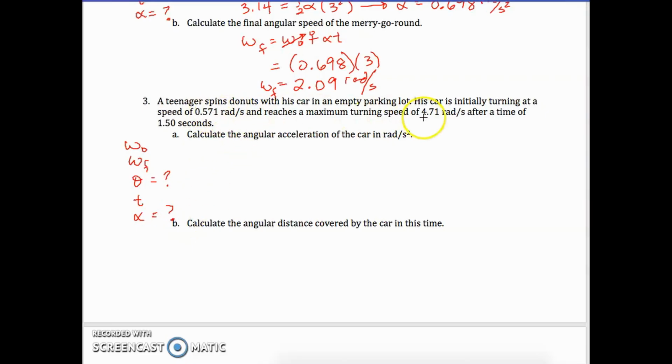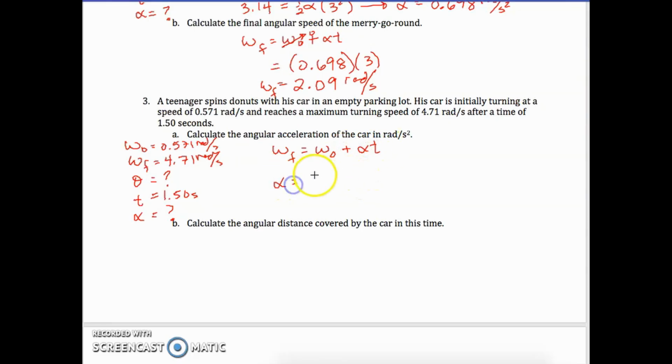And now we take a look at the story to figure out where each of these numbers go. Initially turning at, that tells us our original angular speed, and then reaches is an indication of some time later, 4.71 radians per second, and then after a time of 1.5 seconds. So to get the angular acceleration, we're going to want to use an equation that does not involve theta.